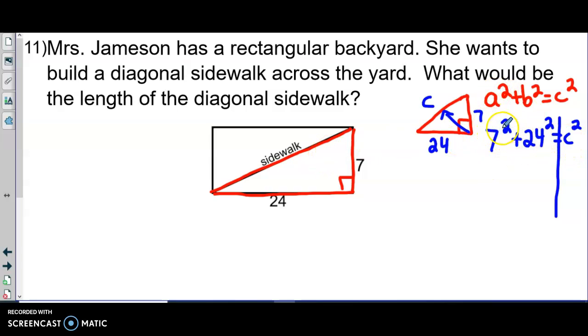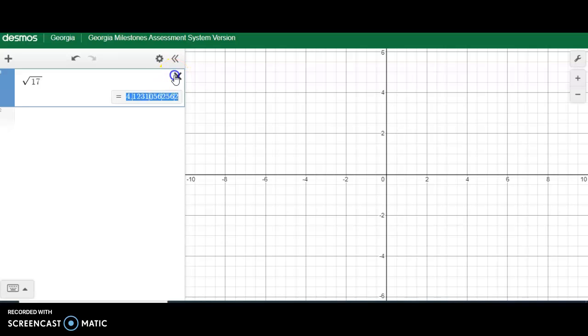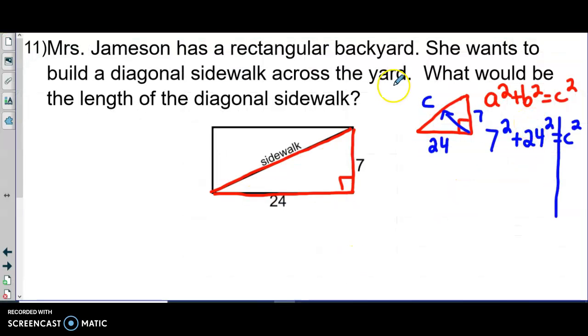Now you can do these in your brain or your calculator separately. You could do 7 squared and get 49, and then do 24 squared and get whatever you get, and then add them up. But I want to show you that you can also type it in one step. Since there are no letters on this side of the equals, you can type all of that in one step in your calculator.